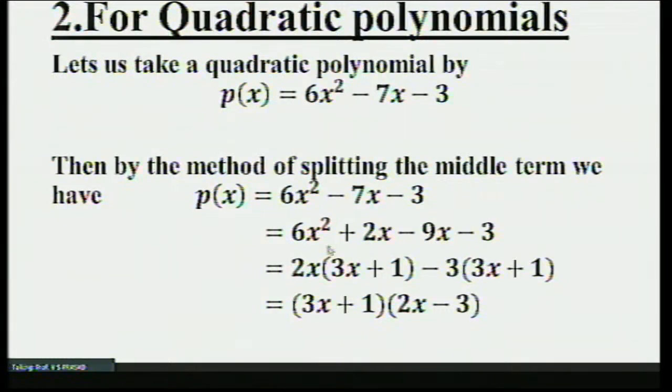Now, from the first two terms, I can take 2x as a common factor. Therefore, it can be written as 2x times 3x plus 1 minus, I can take 3 as a common factor in the remaining two terms. That again becomes minus 3 times 3x plus 1. Therefore, we will get two factors. One is 3x plus 1, another one is 2x minus 3.